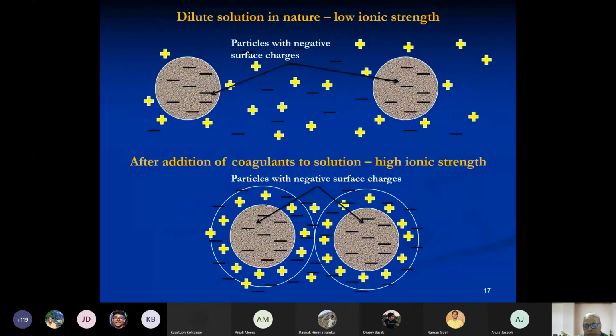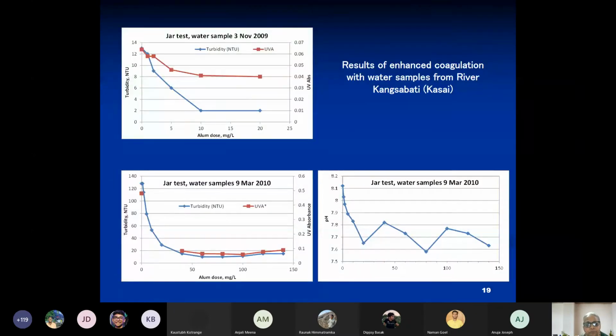So I think I've covered all that. These are the results. One of the students, a BTech student, did these jar tests a long time back, and these are the turbidity and UVA. UVA is UV absorbance at 254 nanometers, and this is used as what we call a surrogate parameter for natural organic matter.